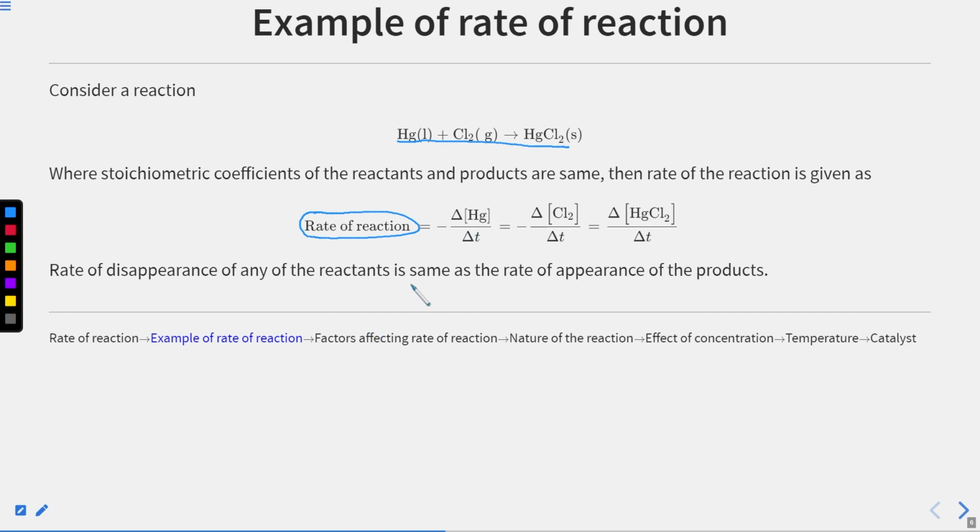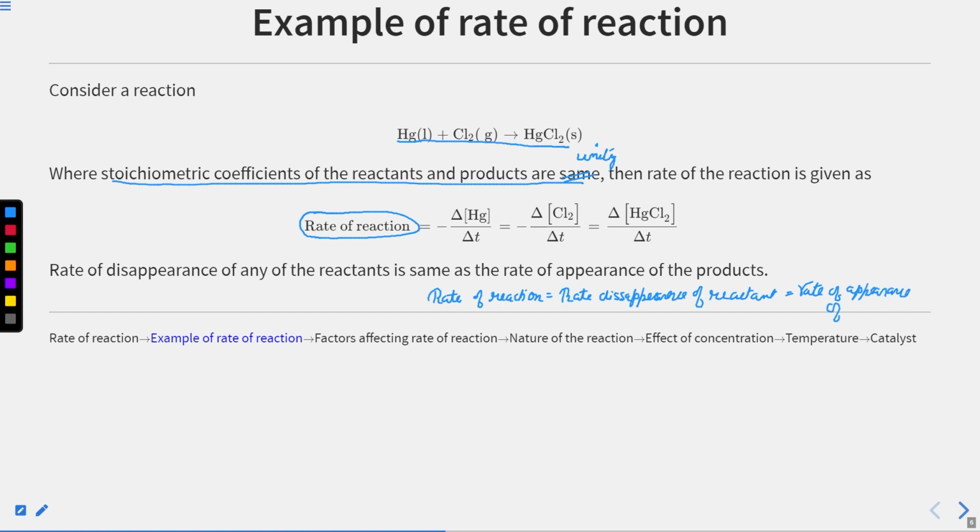So you can write one more statement here, that if the stoichiometric coefficients of the reactant and product are the same, or you can most effectively say unity, then we can write that rate of reaction will be equal to rate of disappearance of reactant is equal to rate of appearance of product.